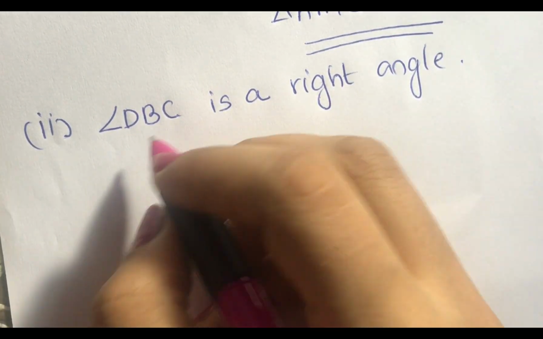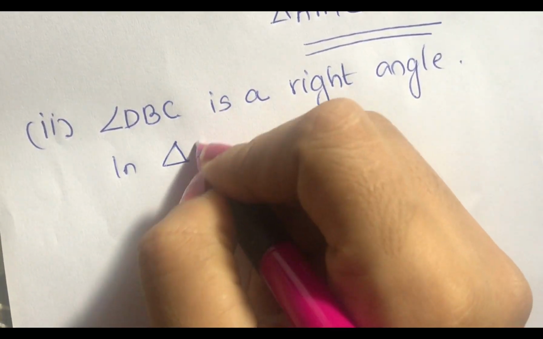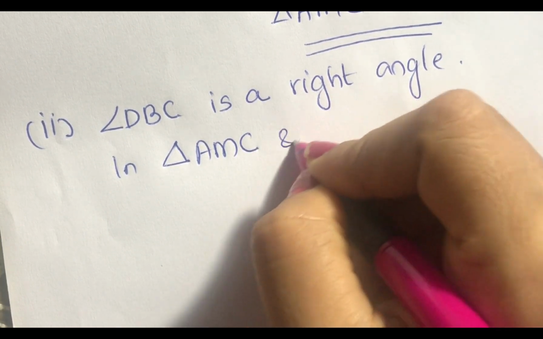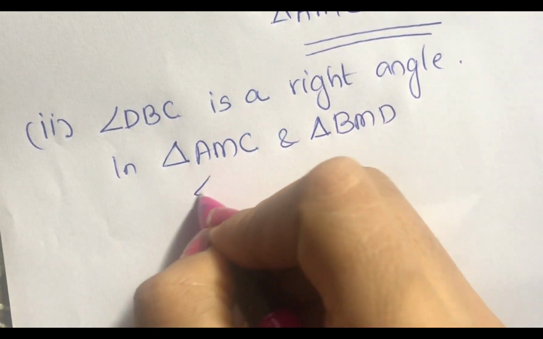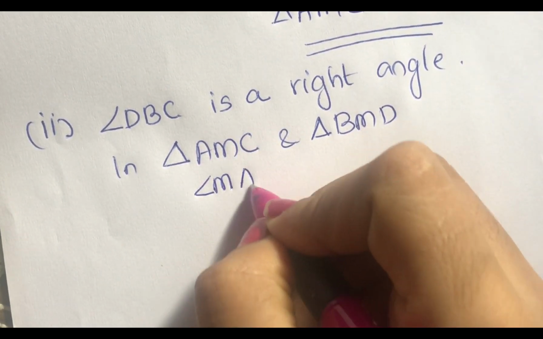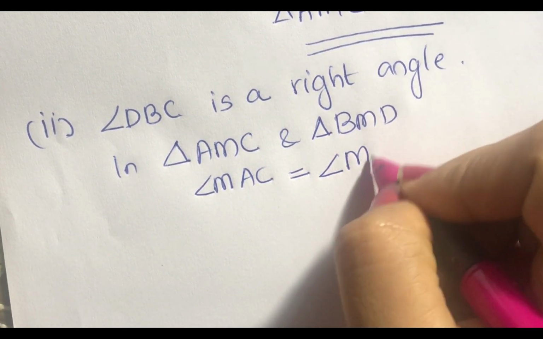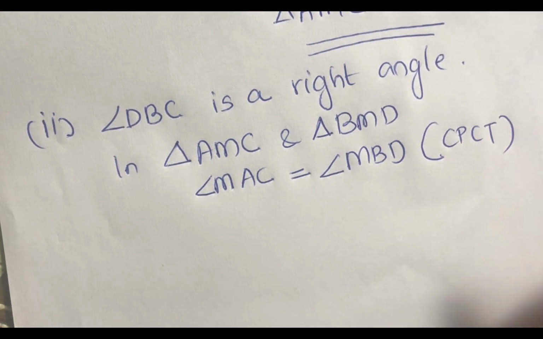So in triangle AMC and triangle BMD, angle MAC is equal to angle MBD by CPCT.